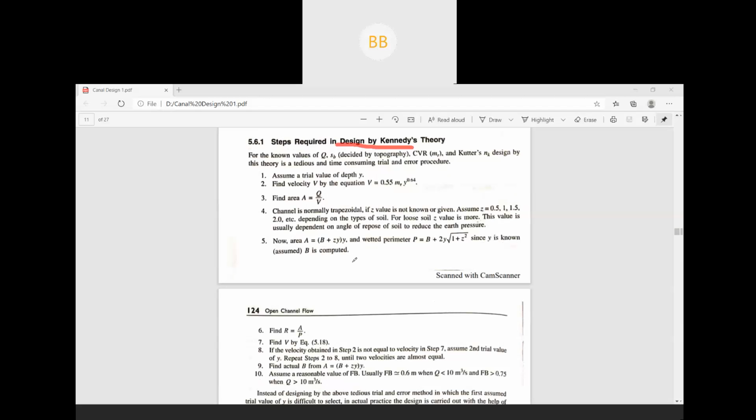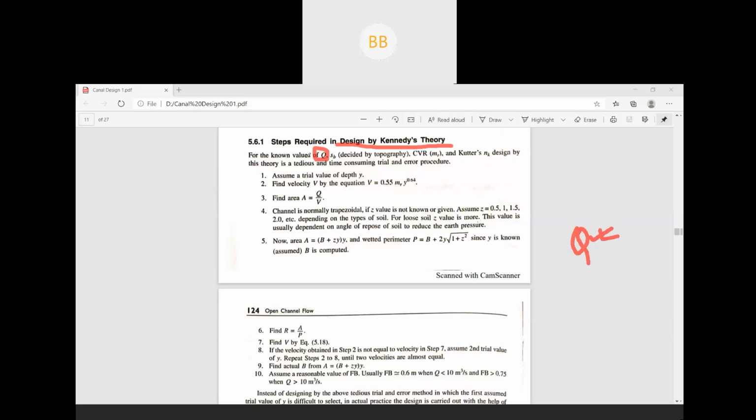Okay. So first, a discharge should be known to us, called the design discharge. When you are going to design some hydraulic structure, then you should have a particular discharge for which you are going to design that channel. So that Q is nothing but your design discharge.